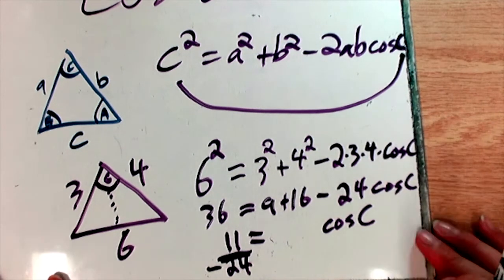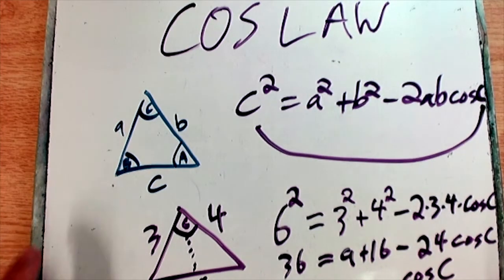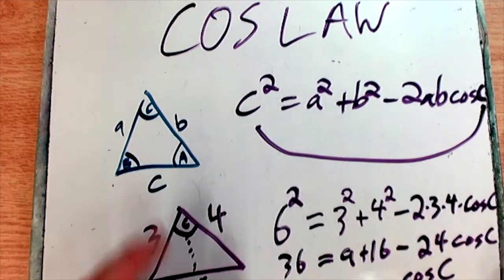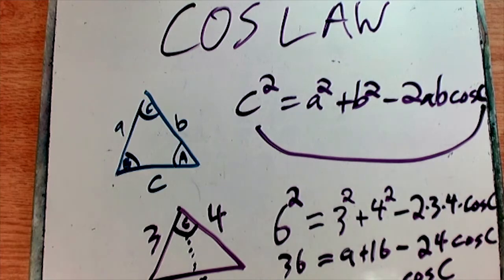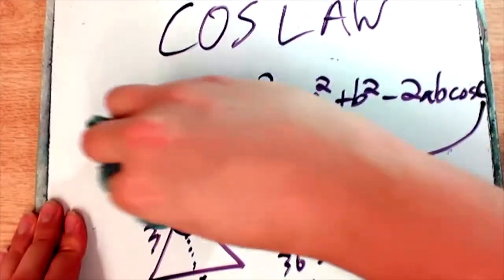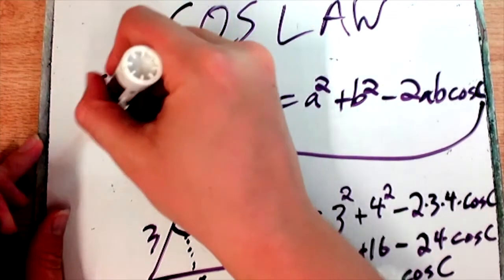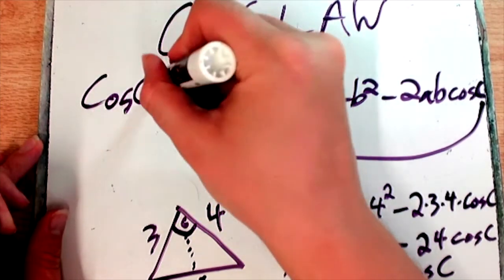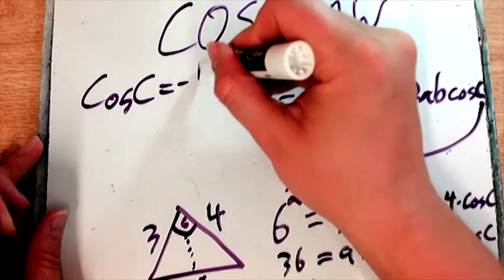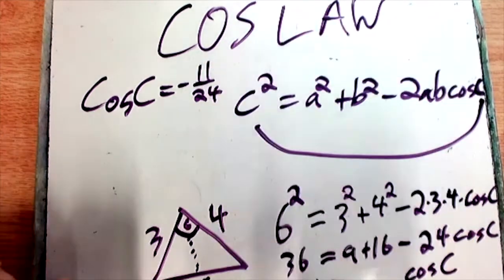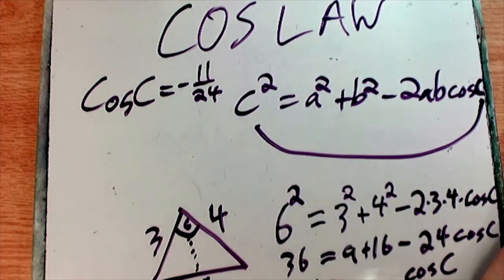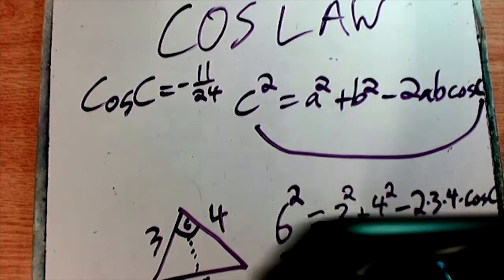And I'm going to come back up here. And don't forget this triangle with this applying. But let's just do a little bit more algebra just to close it out. And I'll switch it around. cos C equals negative 11 over 24. That's where I can do that on my calculator.